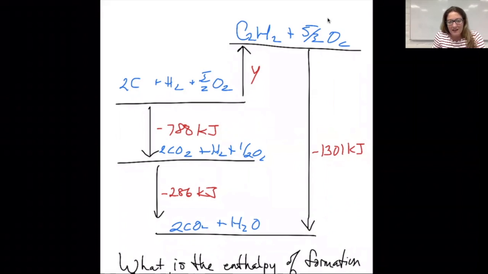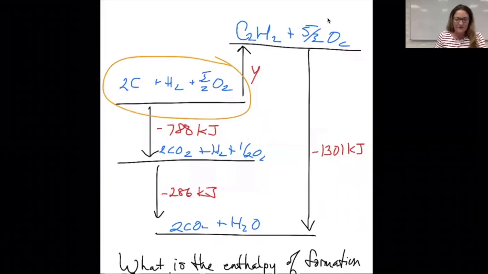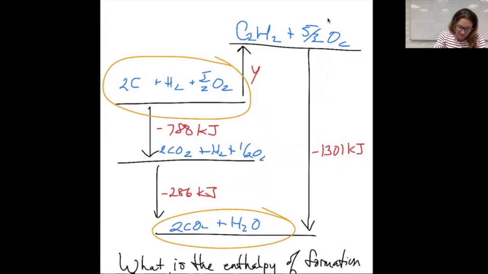So this is a problem that I found on an old IB exam, and it seems kind of messy, and well, it's messy, but it seems a little bit confusing. But these are the reactants for a given reaction, and these would be the products. And I can tell that because I could take one of two paths.